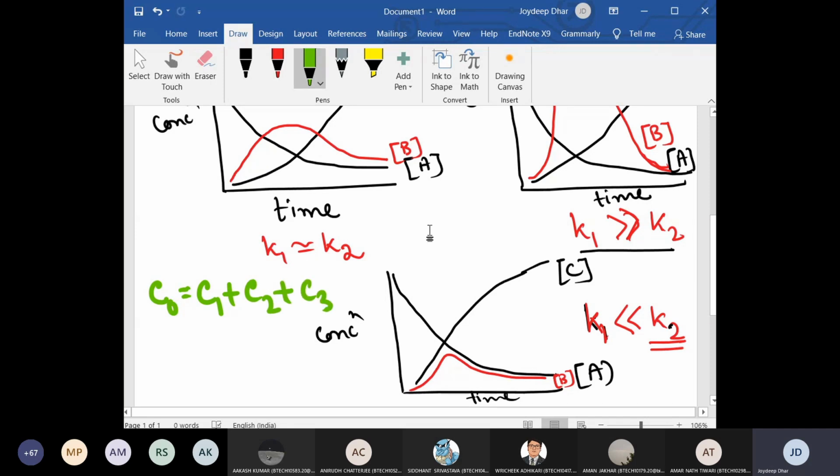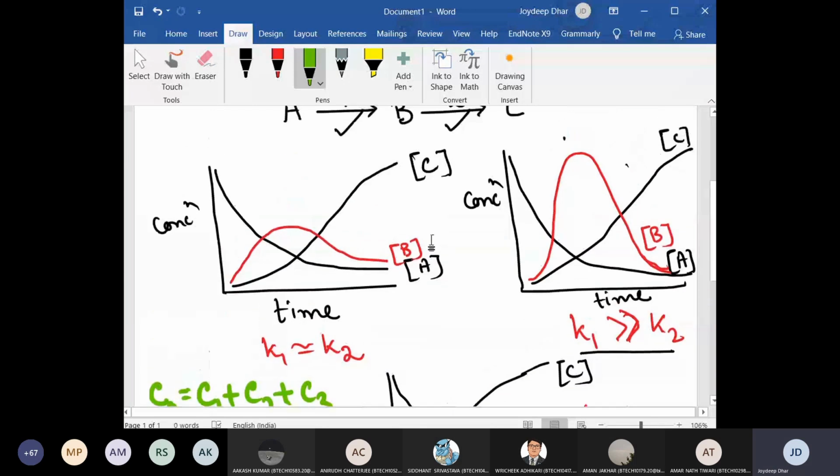So at any time, my graph may not be well to scale, but if you take, let's say, the time is at this point, this is the concentration of A, this is the concentration of B, and this is the concentration of C. These are the three heights. If you sum them up, you will get the initial concentration, that is C naught.